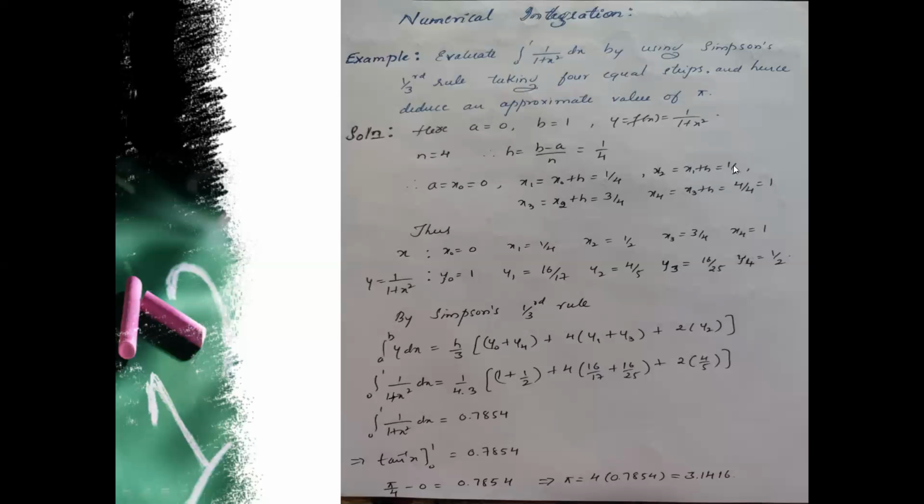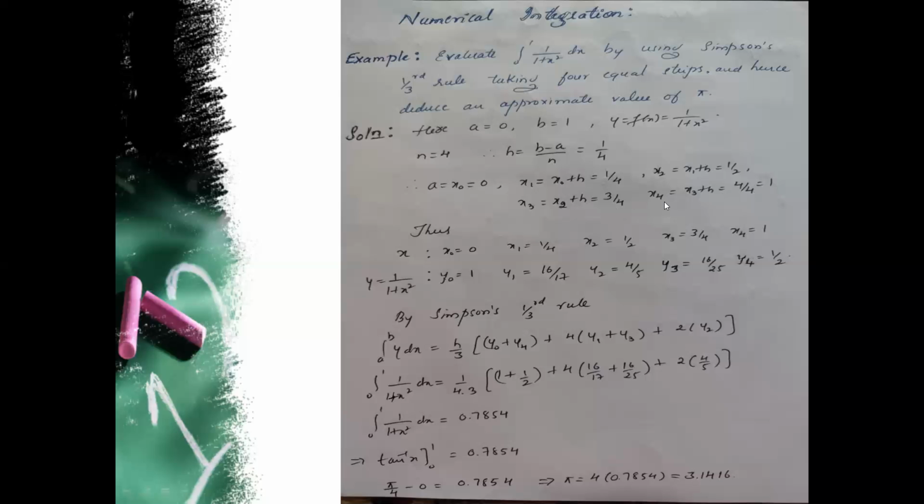It is 2 by 4, or we can put it as 1 by 2. x3 is x2 plus h, so 1 by 2 plus 1 by 4. It is 3 by 4. Next x4 is x3 plus h, 3 by 4 plus 1 by 4. We'll get 4 by 4, that is 1.